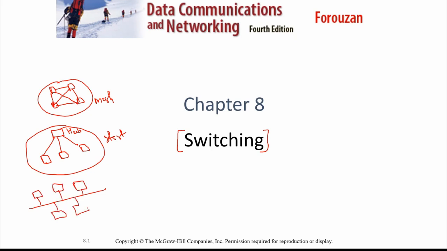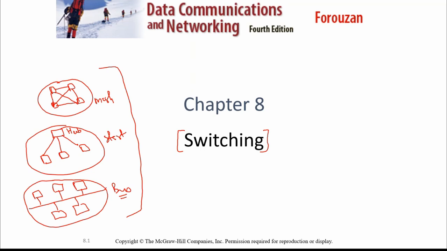But this alone is not sufficient to send data from one device to another. There are some limitations to each of these networking topologies. Here a large number of wires are required, so a large number of resources are required. Here also, the hub has a capacity and cannot connect to a large number of devices. So for a larger network, these topologies will not be sufficient because of the higher cost.